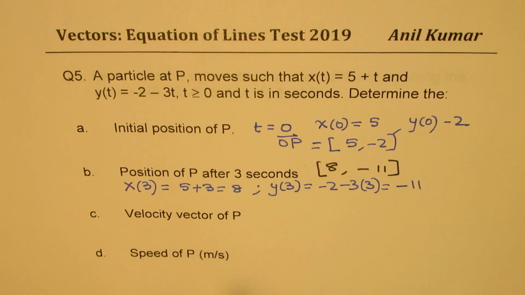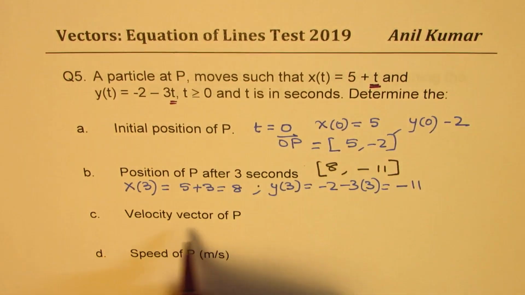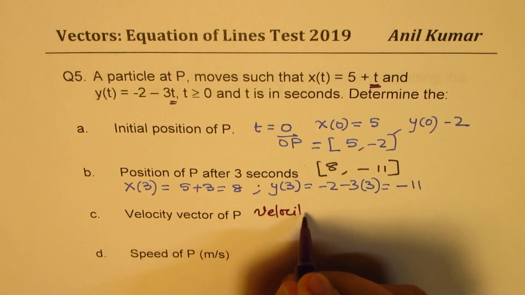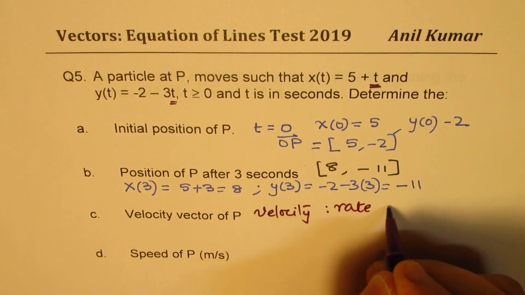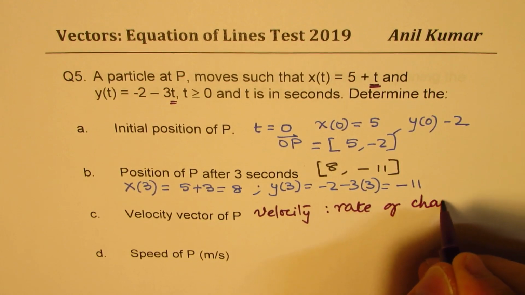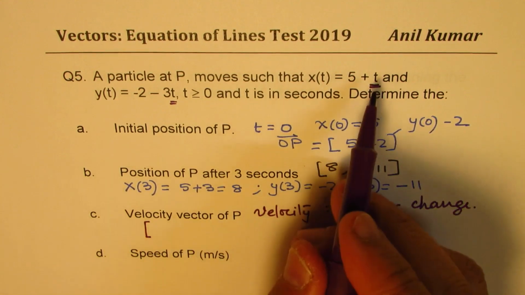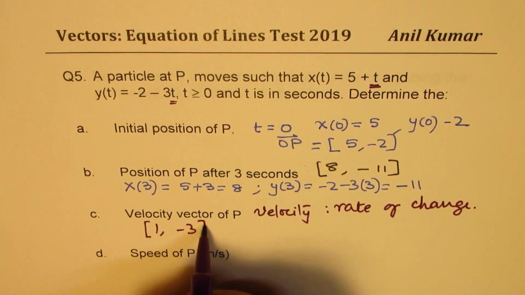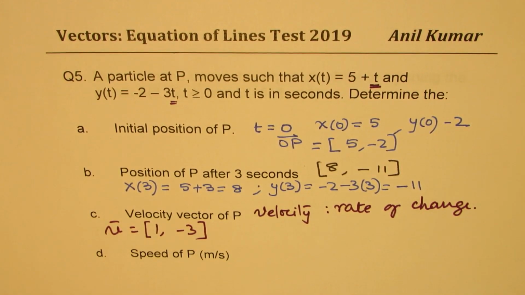What is the velocity vector? Now, in such equations, the velocity vector is the slope, the rate of change. Do you see that? So, we remember this: velocity is rate of change. So, in this case, the velocity vector is basically (1, -3), right? So, (1, -3) is your velocity vector. Perfect.